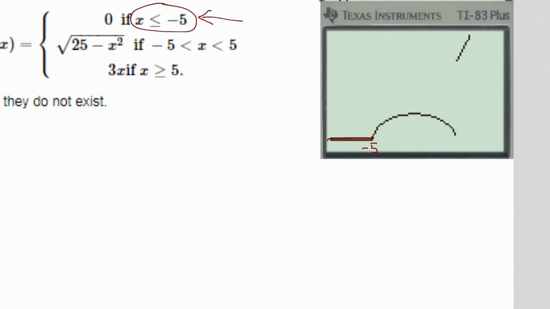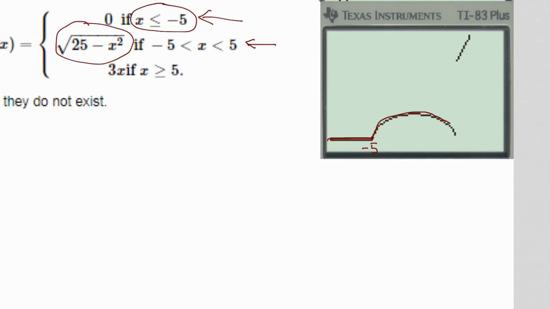Now for x strictly between -5 and +5, this function has this representation, and maybe you recognize that that's actually a half circle. That's the positive half of a circle.